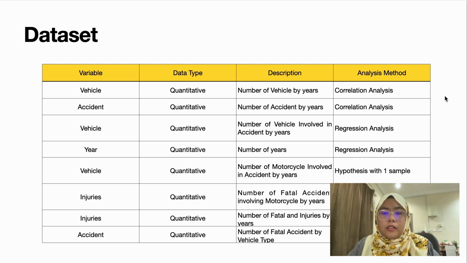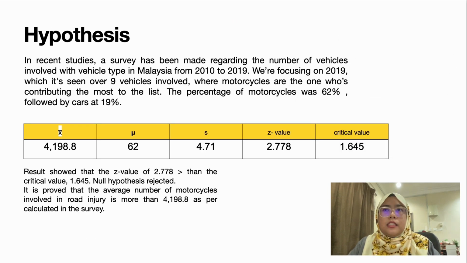So, the hypothesis. Regarding the survey we selected, it was made on the number of vehicles involved in accidents in Malaysia from 2010 to 2019. We are focusing on 2019, and among the nine vehicle types involved, we selected one, which is the motorcycle, and we made a calculation about it.